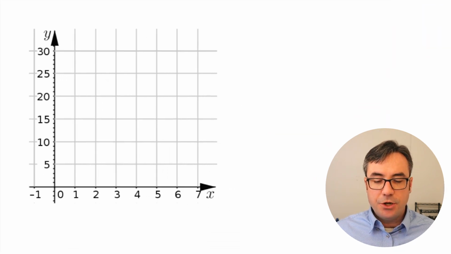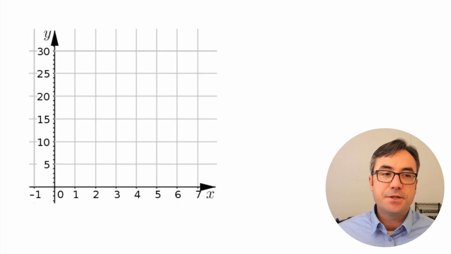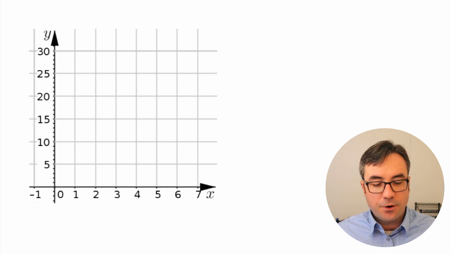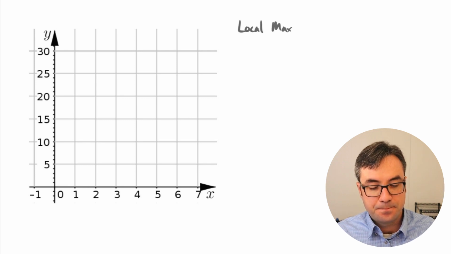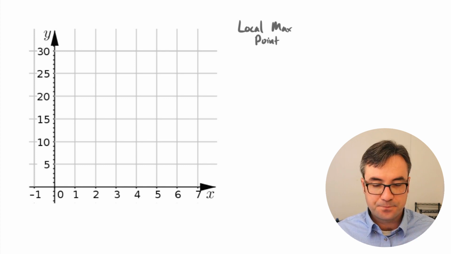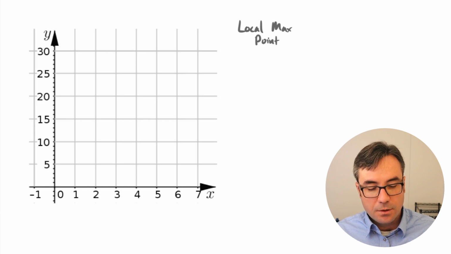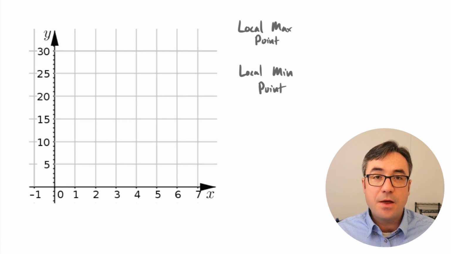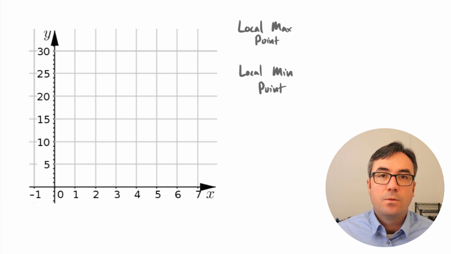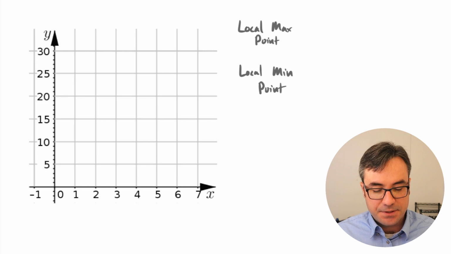And so what we're going to do is figure out what the local max point is, and what the local min point is. And then we're also going to figure out any endpoints.